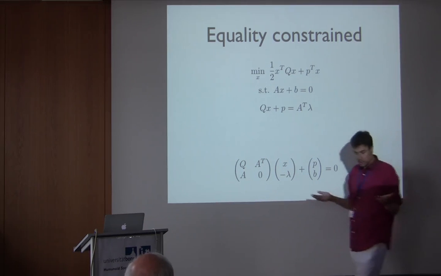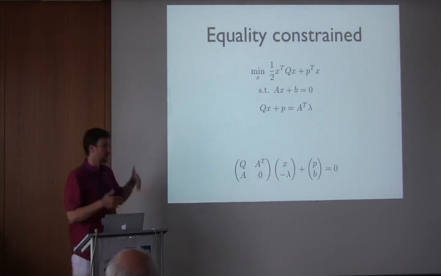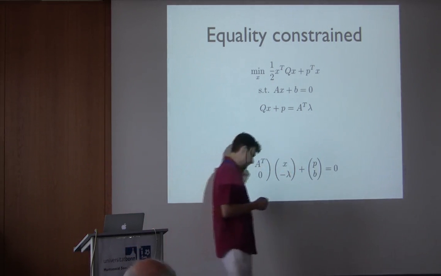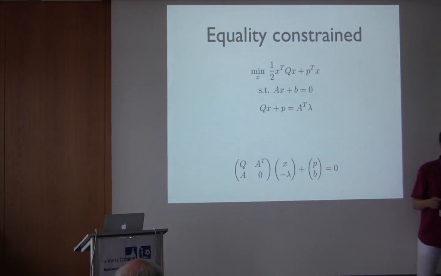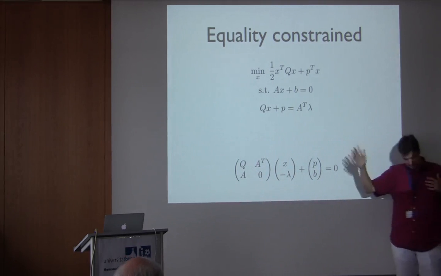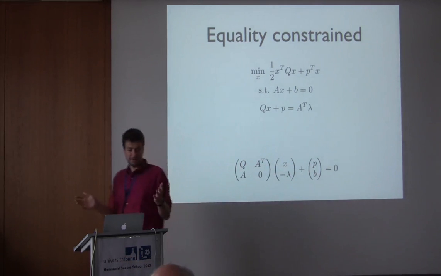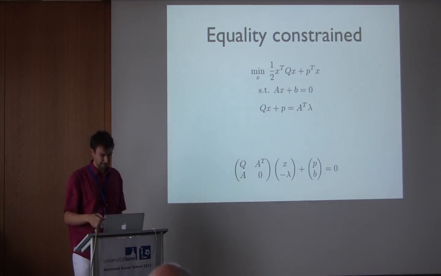How do we know which constraints hold as equalities and which ones we just don't care about? That's where normally you need an iterative process. Here you just need to try: if I activate those constraints, do I have a solution? Yes or no, and then you just do it.